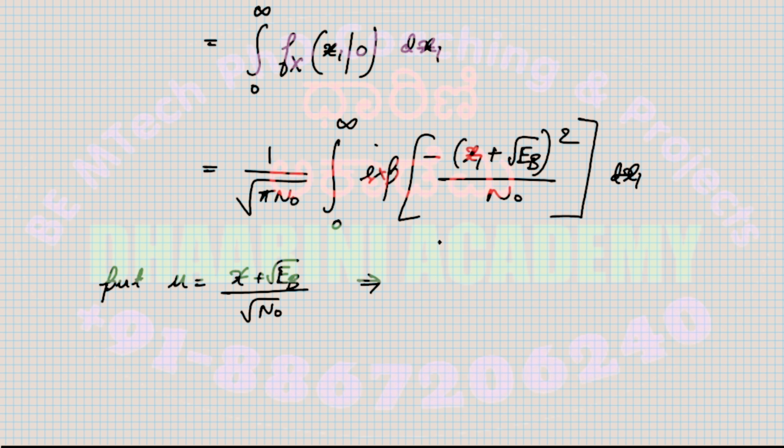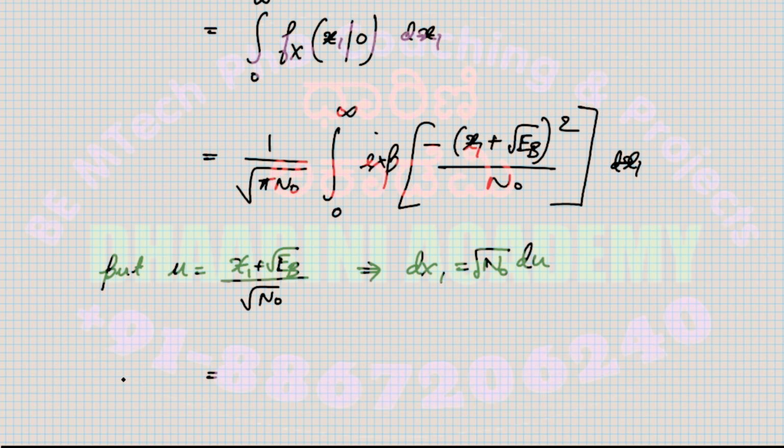So if I want to write dx1, n naught goes to the other side, so dx1 will be equal to root n naught times du.